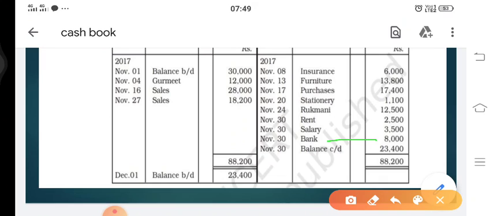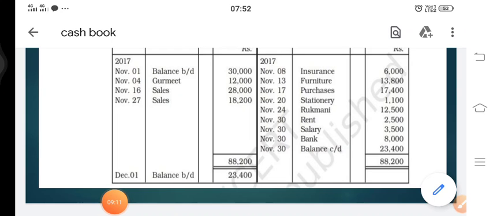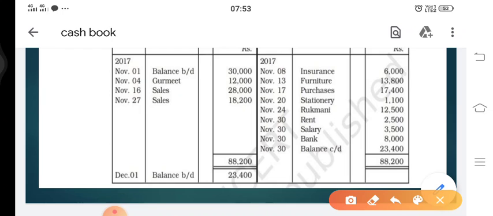Now what we have here is we'll balance this cash book. Since we have finished with our last point of the question, we have to balance. Balancing, as I have told you in case of ledger, is that we have to check debit balance and credit balance, and check which balance is greater.